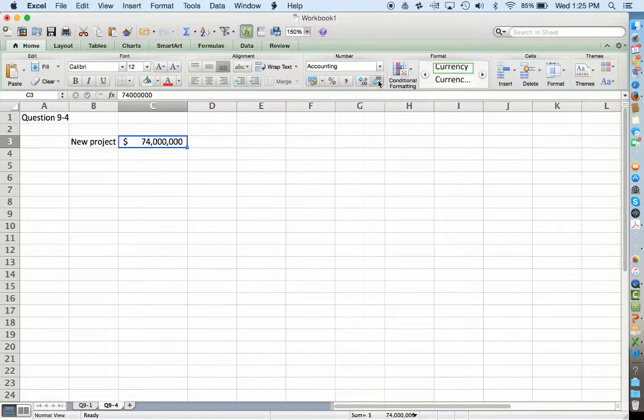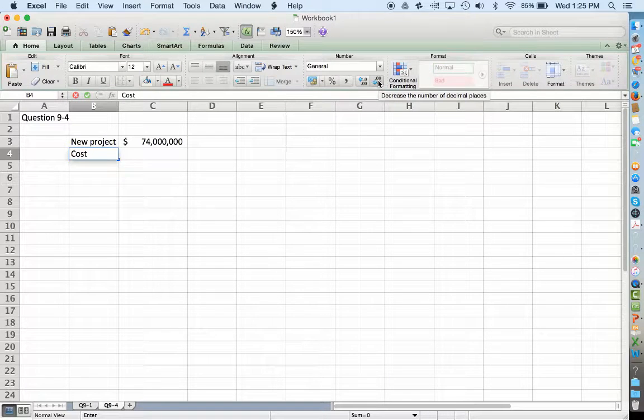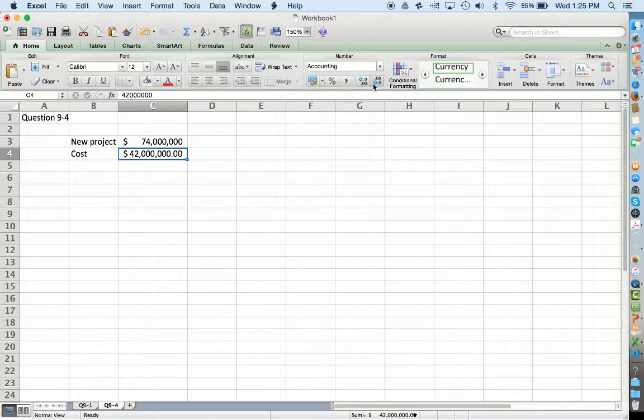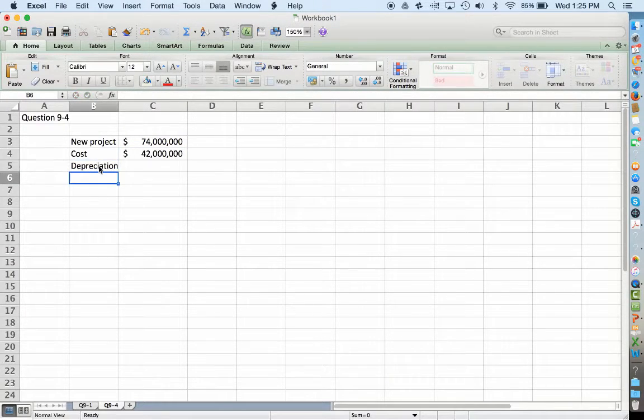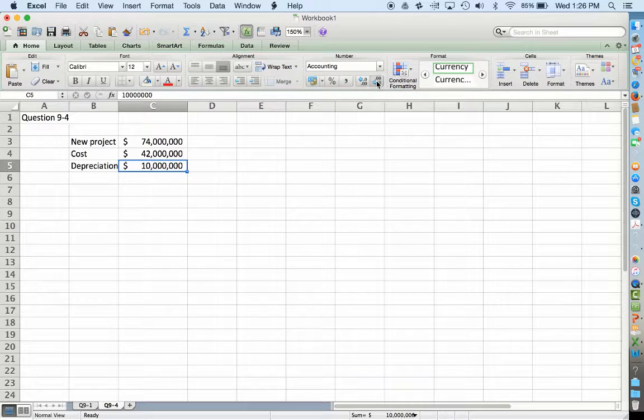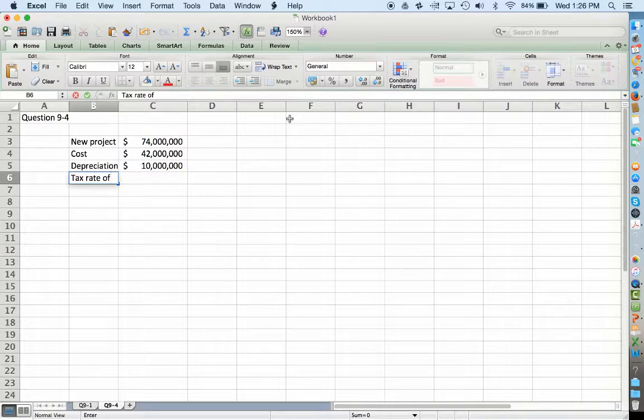And it will cost 42 million. It also has depreciation of 10 million. Okay. And we have a tax rate of 35%.